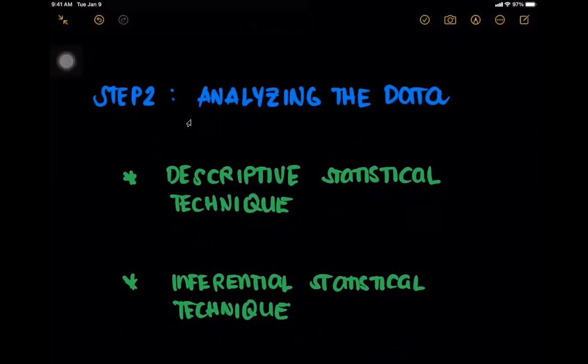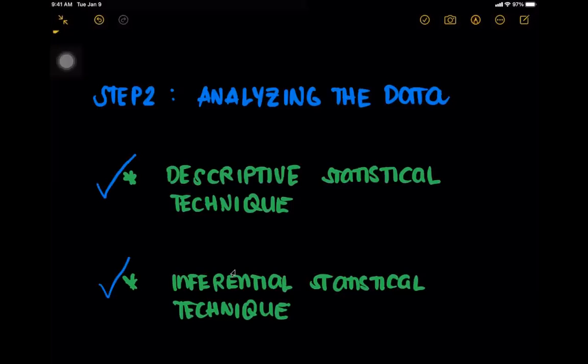It is time for us to analyze our data. Now, remember, this lecture video will only talk about the descriptive statistical techniques, so we will cover this, okay? While in the second video, we will be covering inferential statistics, because that's quite a lot and a little bit more complex. So we will have a separate dedicated video for that.